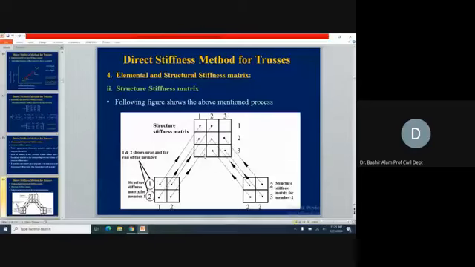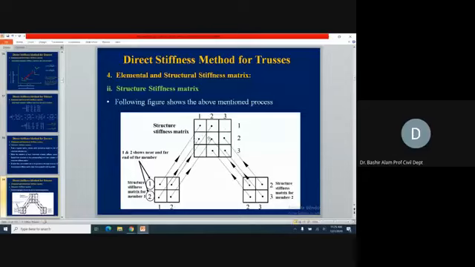Now here you see the example. At the bottom, extreme left, this is one element, and at the right it is another element. So these are stiffness matrices of members or elements at the bottom, and at the top we see a structure element of a structure.